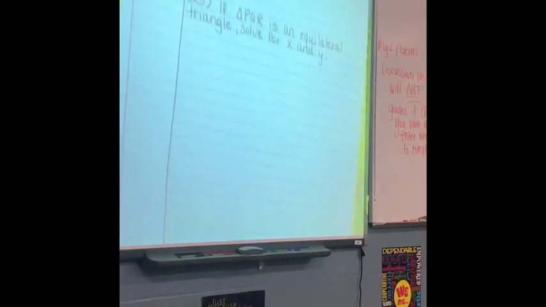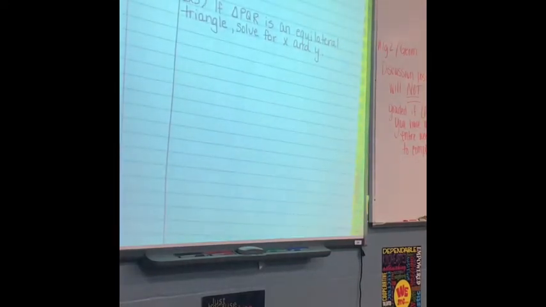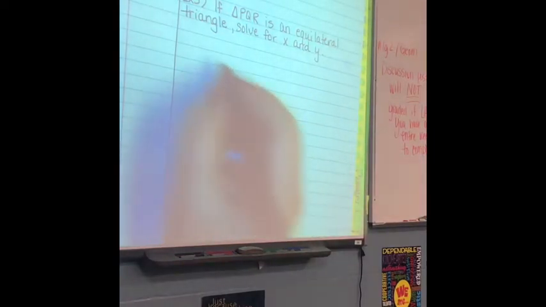So let's look at one more example here. If triangle PQR is an equilateral triangle, solve for x and y. I'm going to draw you the triangle now.